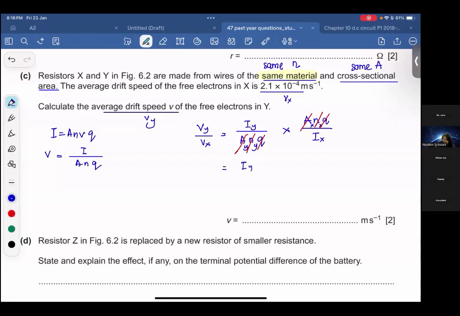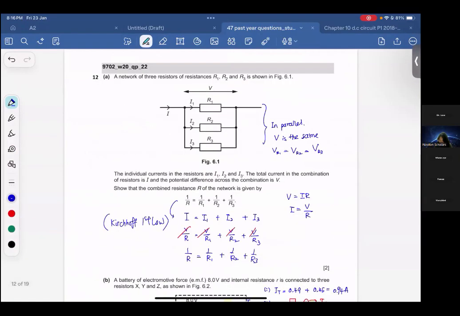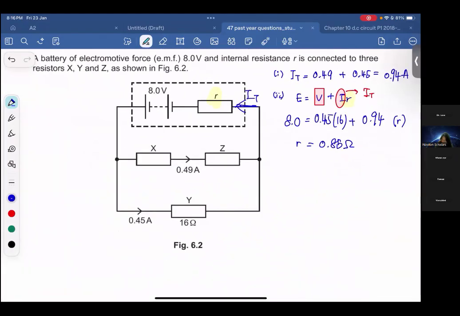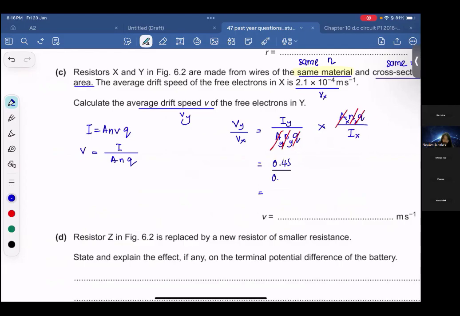From here, I know that Iy over Ix is the ratio. What is my Iy? Come back to here. Iy is here, 0.45. Ix is here, 0.49. So 0.45 over 0.49.